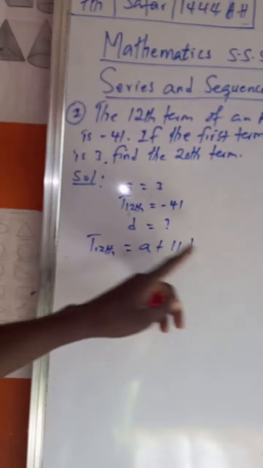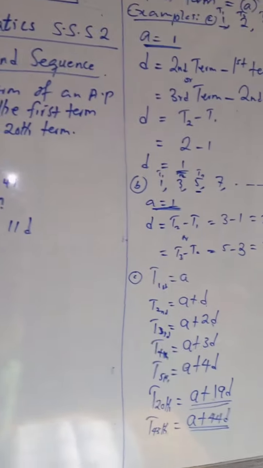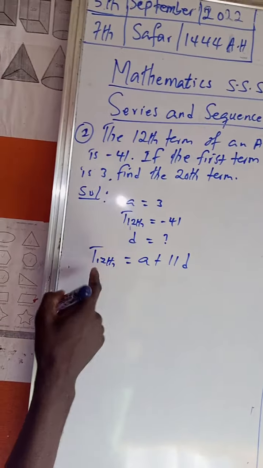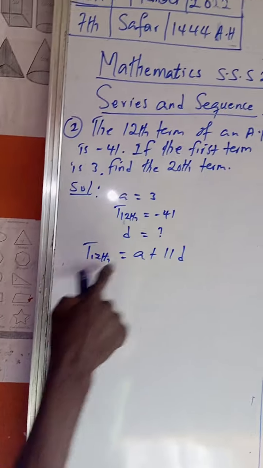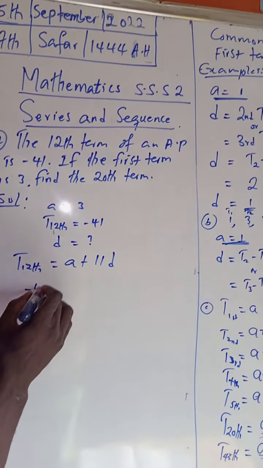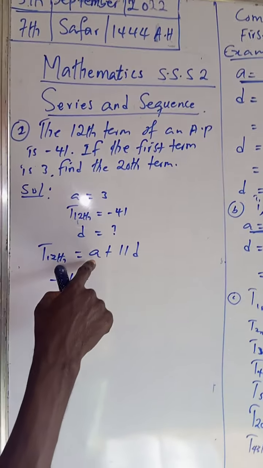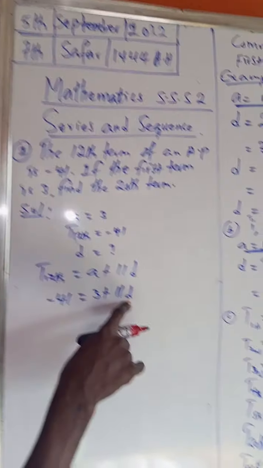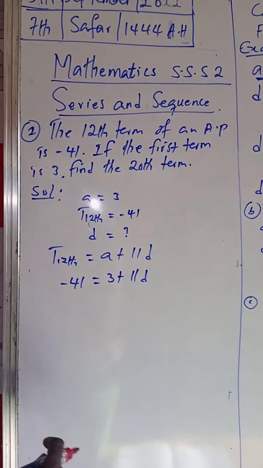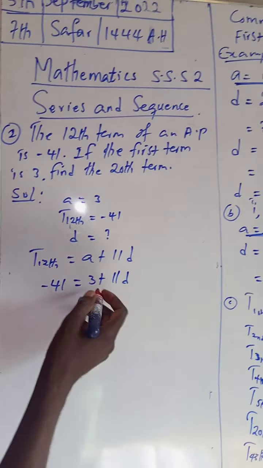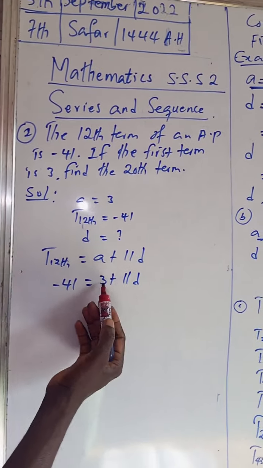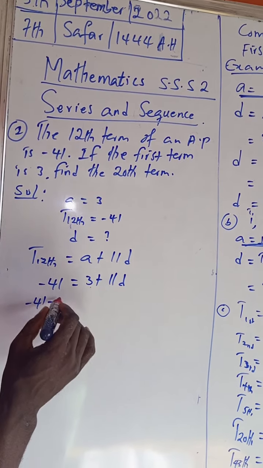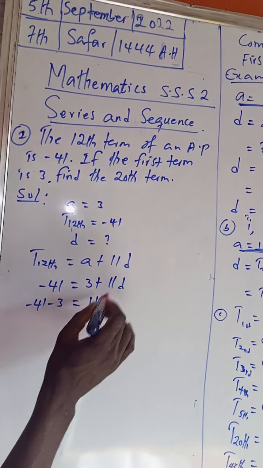I told you to just subtract 1 from it, or you could use the other formula. They say the 12th term is minus 41, so I place it here, minus 41. The first term is 3. Here I am looking for my common difference. I collect the like terms, so minus 41 minus 3 goes to 11d.